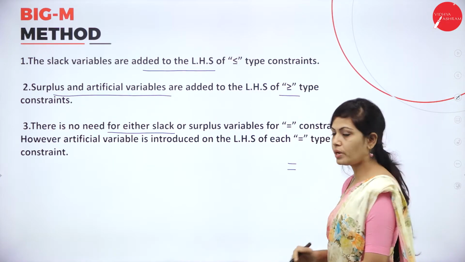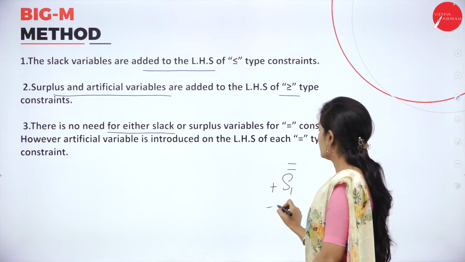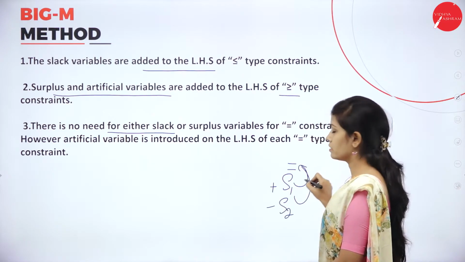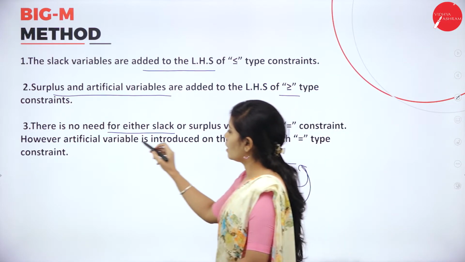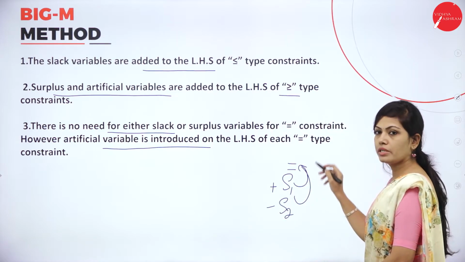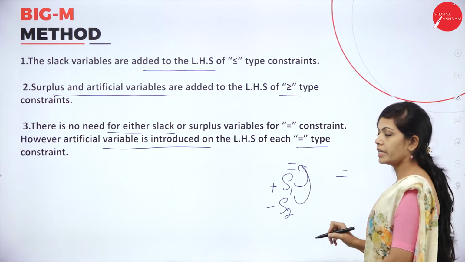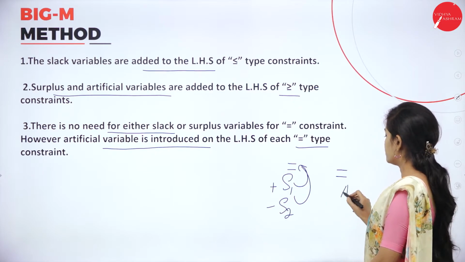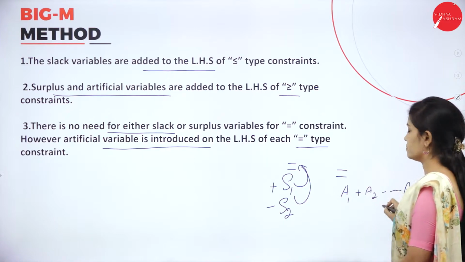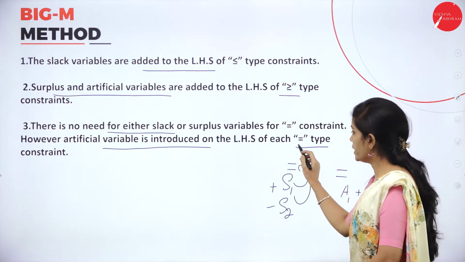There is no need to add a slack or surplus variable to the equal constraint; an artificial variable is introduced on the LHS of each equal type constraint. So, if you get an equal type constraint, you just add the artificial variables a1, a2, a3 up to an.